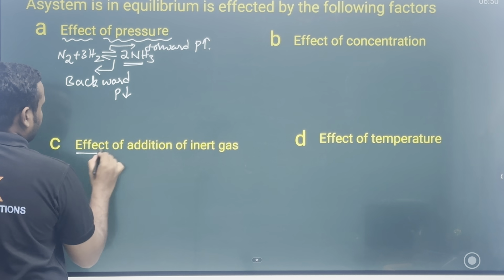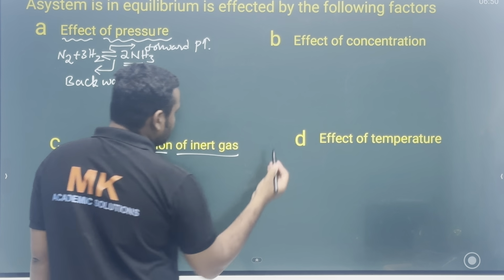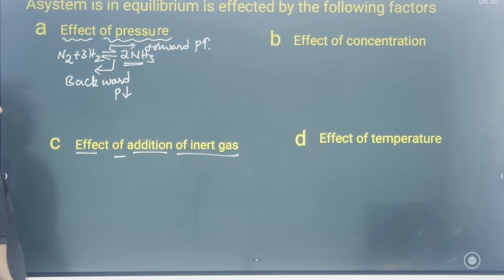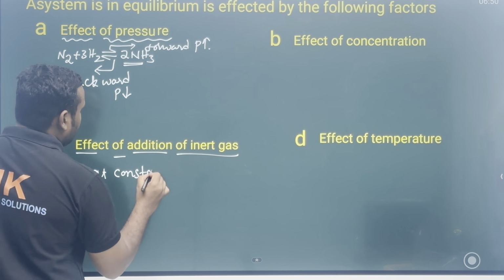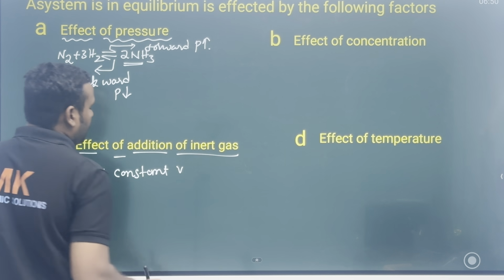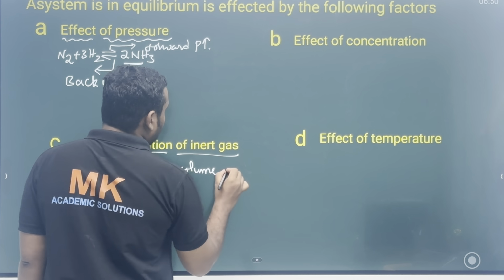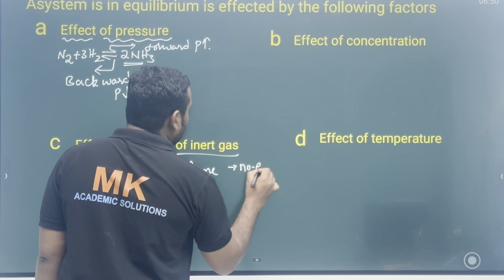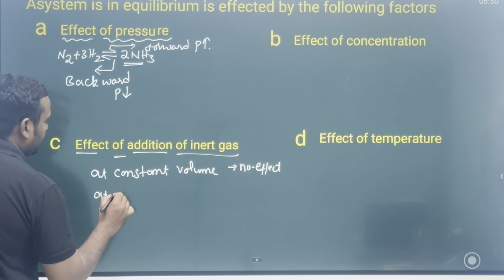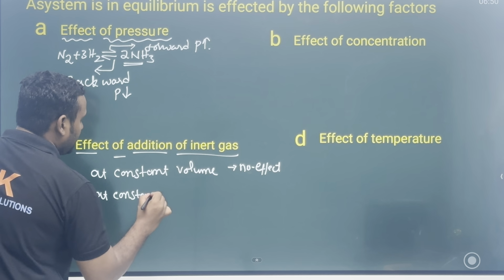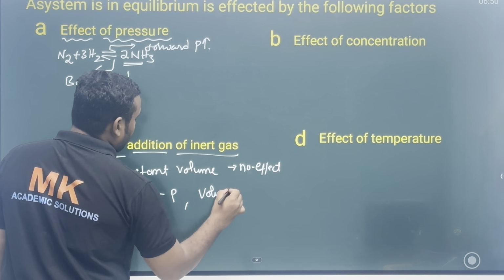Next, we will see the effect of addition of inert gas. What is the effect of addition of inert gas at constant volume? At constant volume, no effect. But at constant pressure, volume increases.